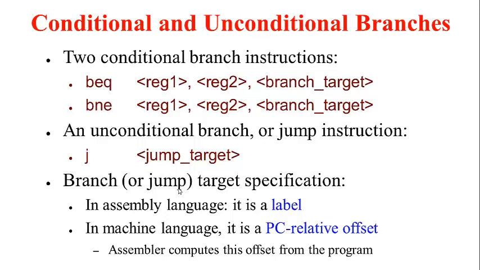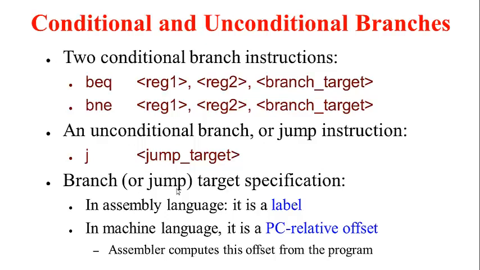And in the BNE instruction, the branch is taken if the values are not equal. If the branch condition is not satisfied, for example in BEQ, if the register values are unequal, then sequential execution continues. That is why BEQ and BNE are called conditional branch instructions.